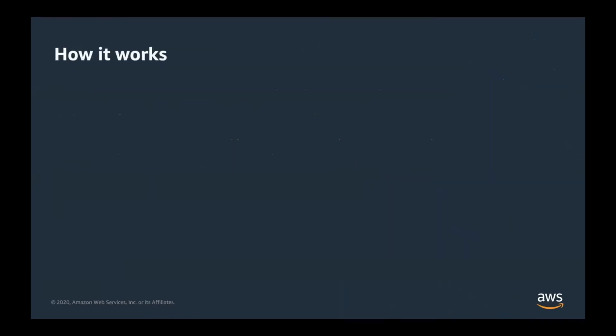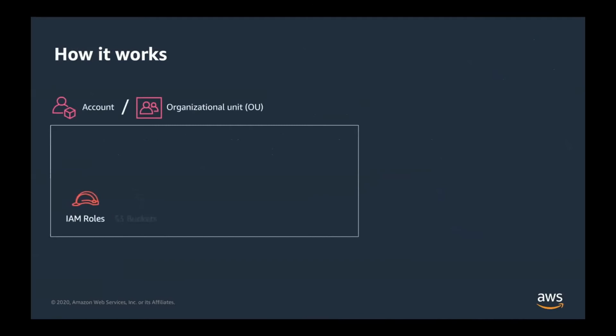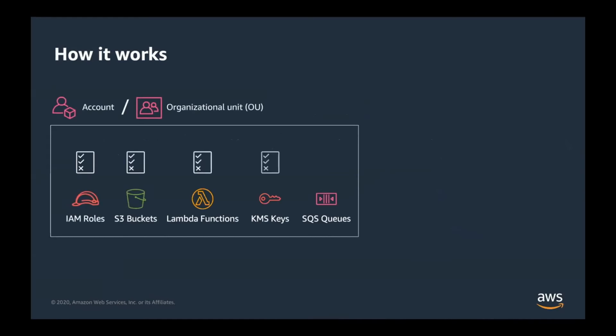So the way that Access Analyzer works is it has a concept called a boundary, which is typically the AWS account that we're talking about. And it looks at the resource policies for everything from IAM roles to S3 buckets, Lambda functions, SQS queues, and KMS keys.